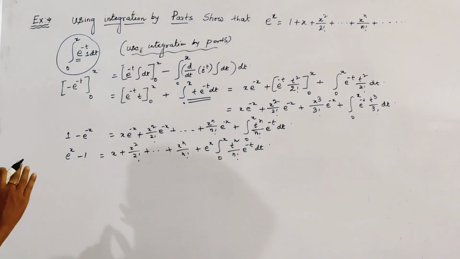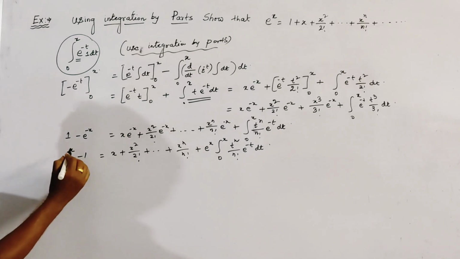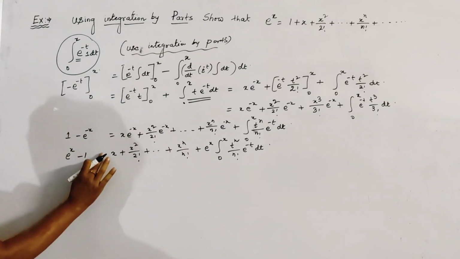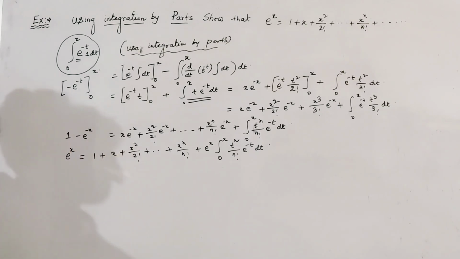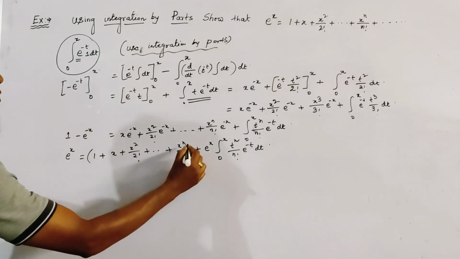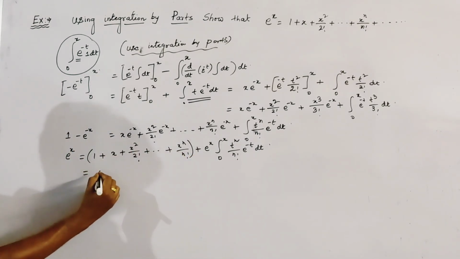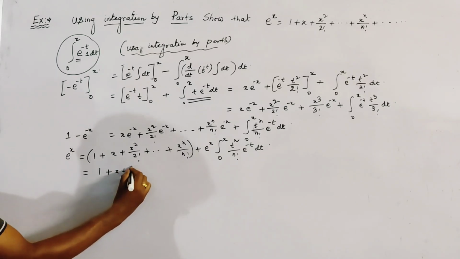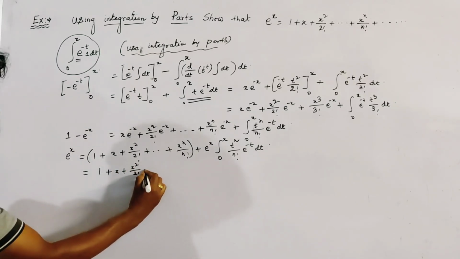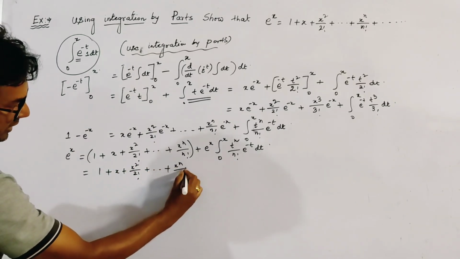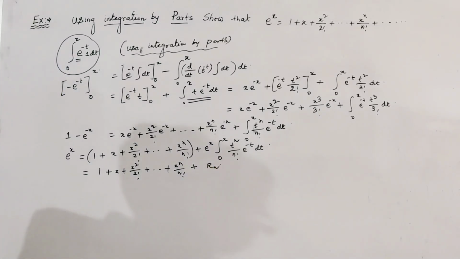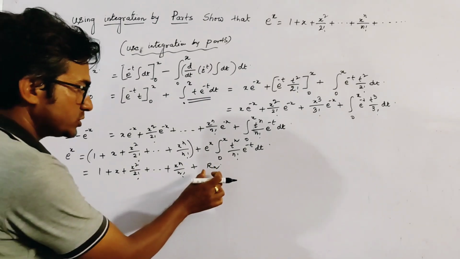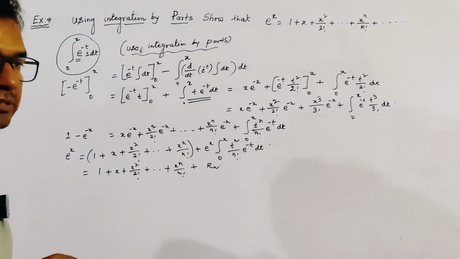We get it like this. And if we move 1 to the right side, then we get 1 plus x. So we write this as 1 plus x plus x square by factorial 2 up to x to the power n by n factorial plus Rn. This term looks like the remainder of this series.